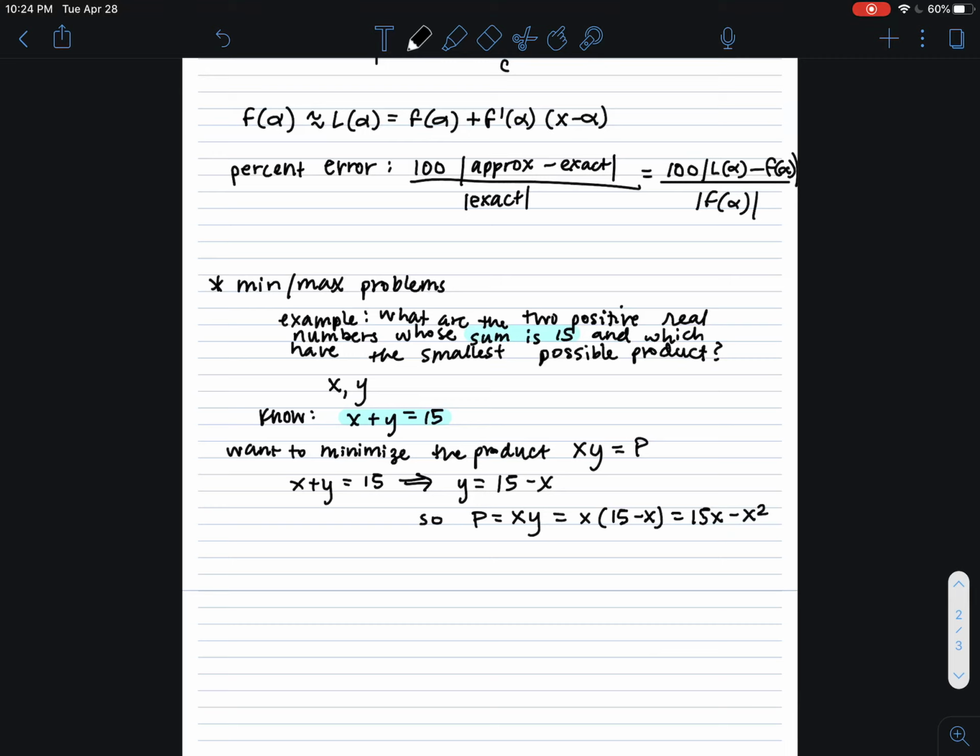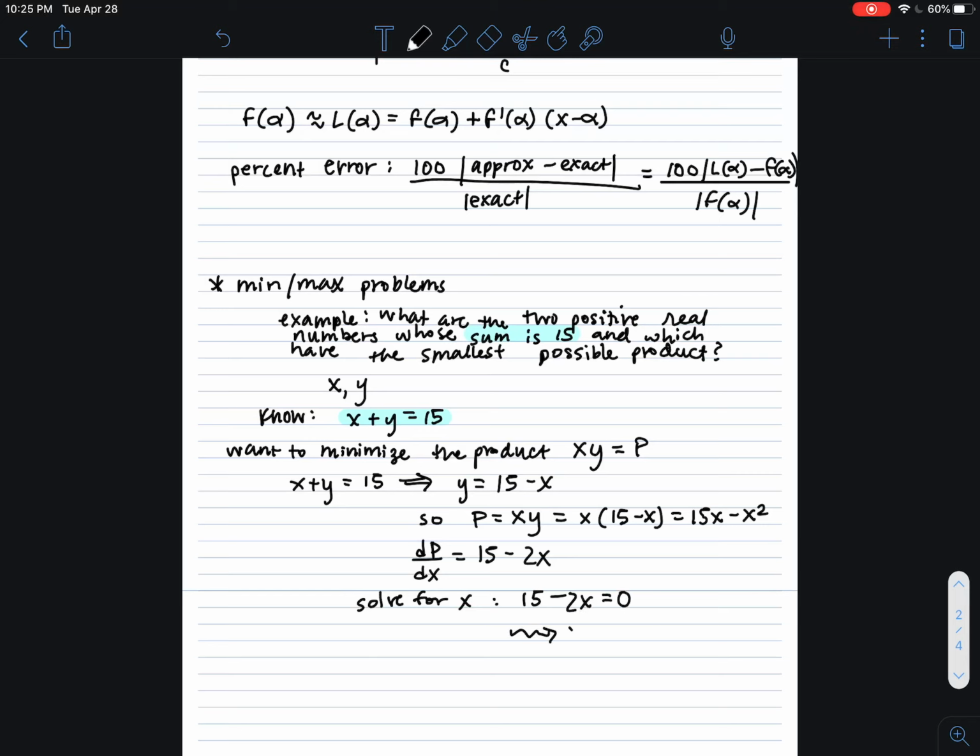And we want to minimize this. So to minimize it, we first need to take the derivative with respect to our variable, which we have chosen to be x. If I take the derivative, I'm going to get 15 minus 2x. And we want to solve for x when our derivative is equal to 0.